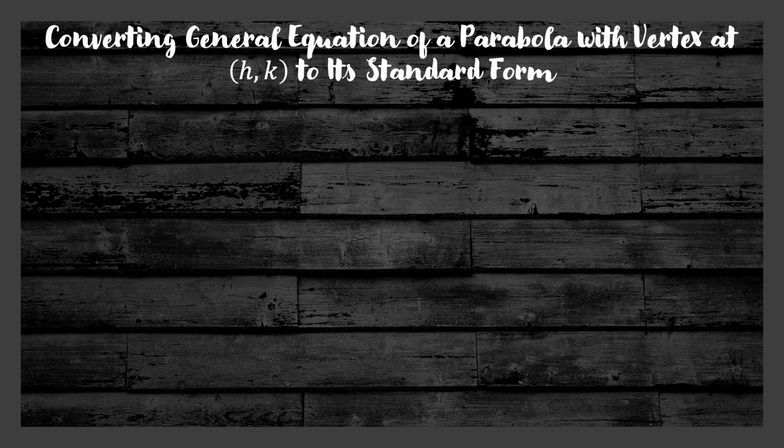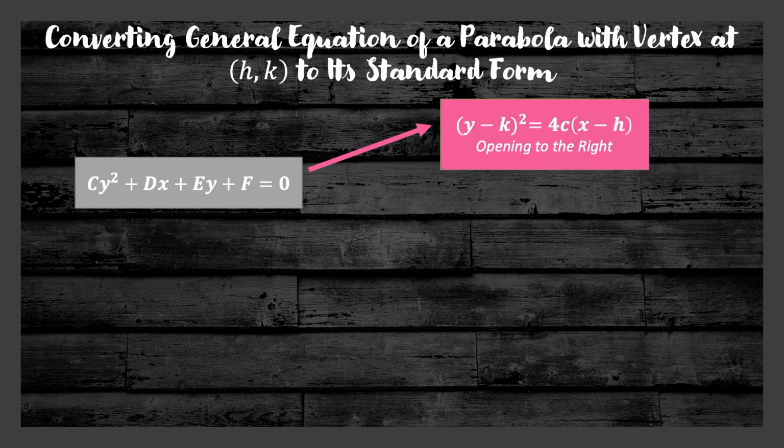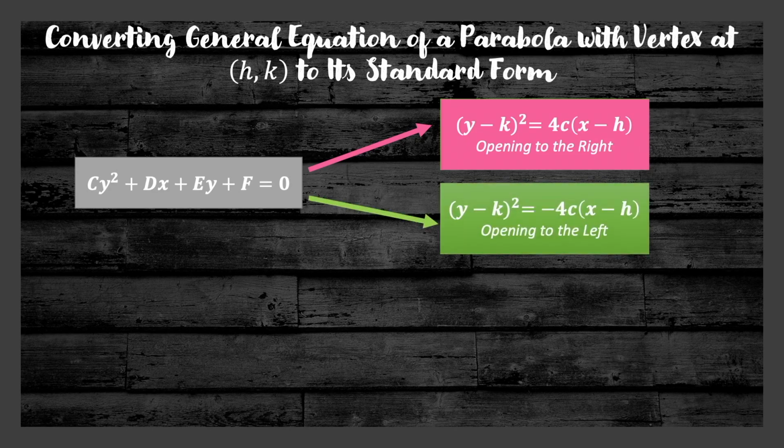When the general equation of a parabola of the form cy squared plus dx plus ey plus f equals 0 is converted to standard equation, it will result in either a parabola opening to the right since 4c is positive, or opening to the left since 4c is negative.